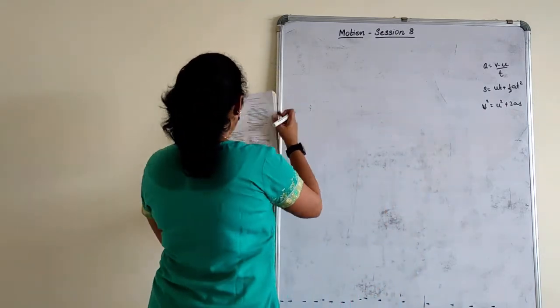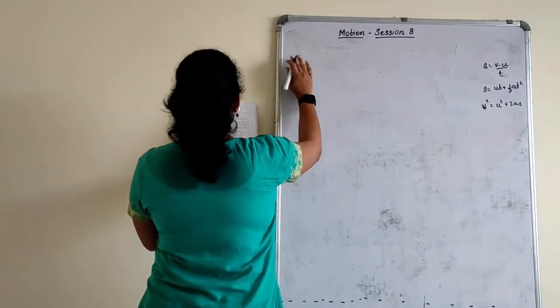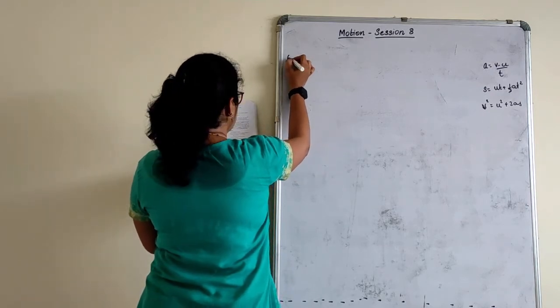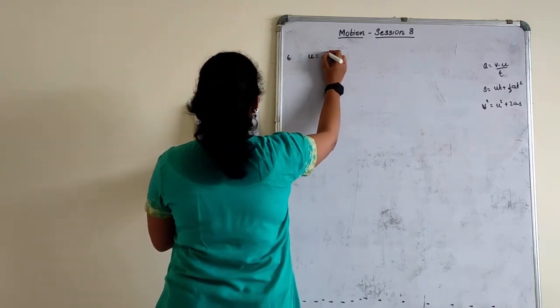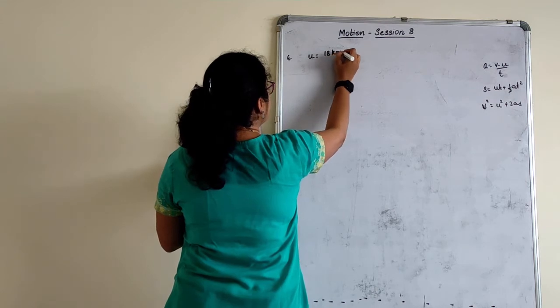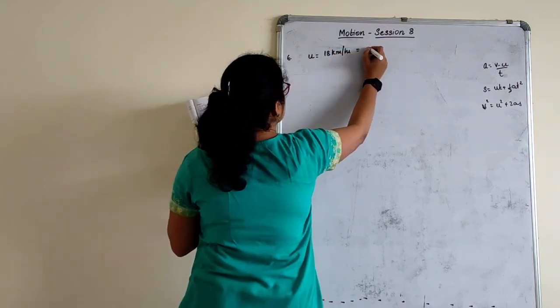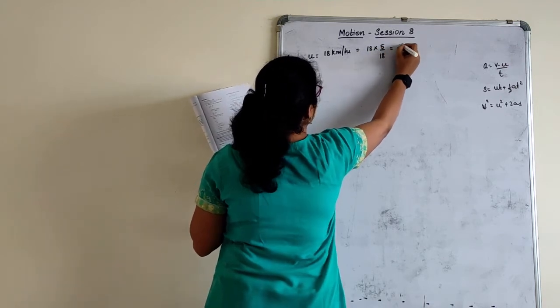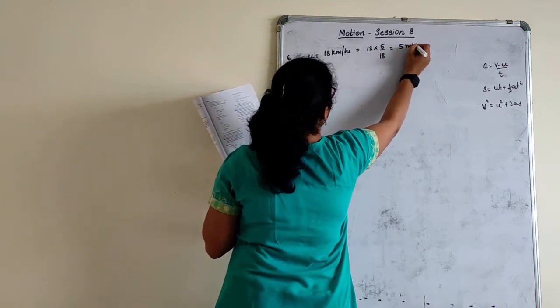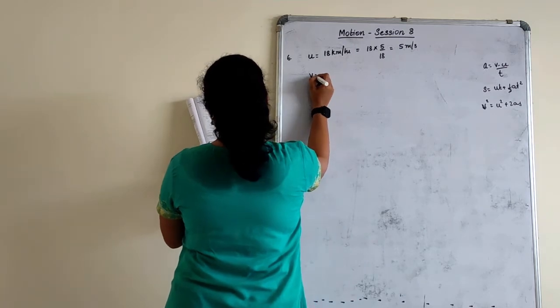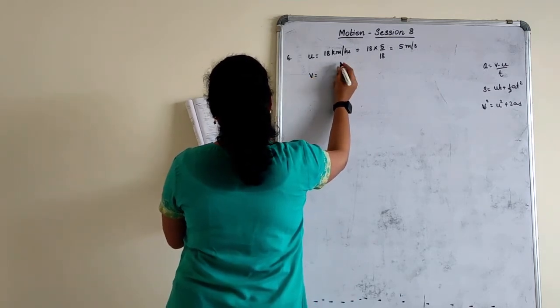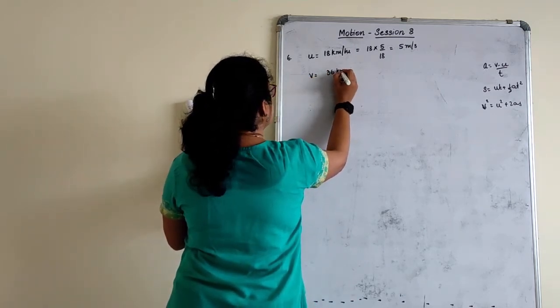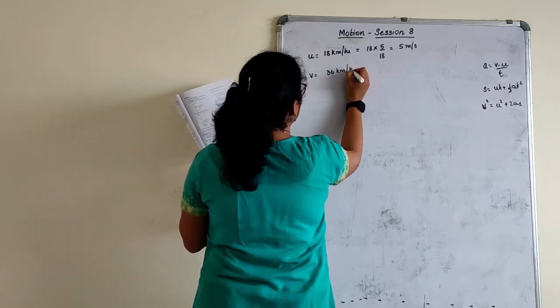A car accelerates uniformly from two velocities given. The first one is initial 18 kilometer per hour, that is 18 into 5 by 18, that is 5 meters per second, and V is 36 kilometer per hour.